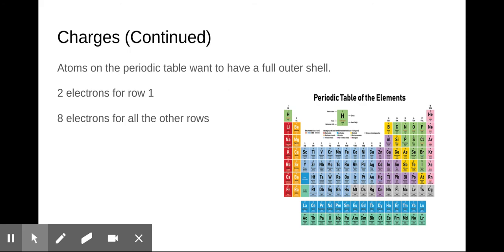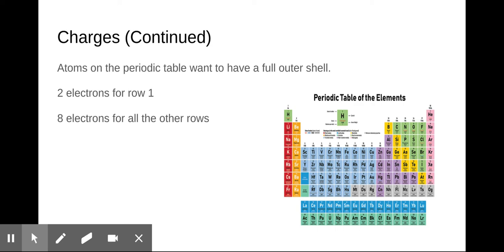Next, atoms on the periodic table want to have a full outer shell. They are the most stable when they have a full valence shell, or the full outer shell. So what does that look like? Well, that means anything in row 1 or close to row 1 wants to have 2 electrons around it.